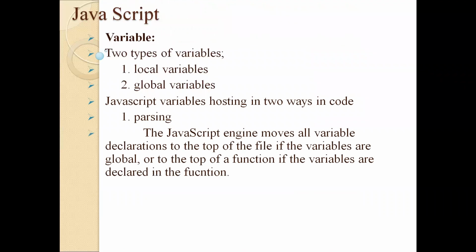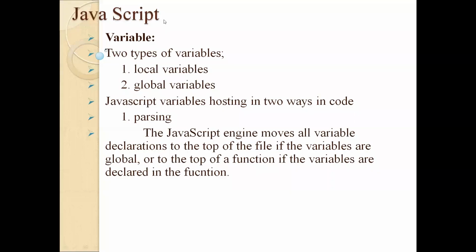First one, parsing. What the JavaScript engine will do is, JavaScript engine moves all variable declaration to the top of the file, right? If the variables are global, or the top of a function, if the variables are declared in the function, right?